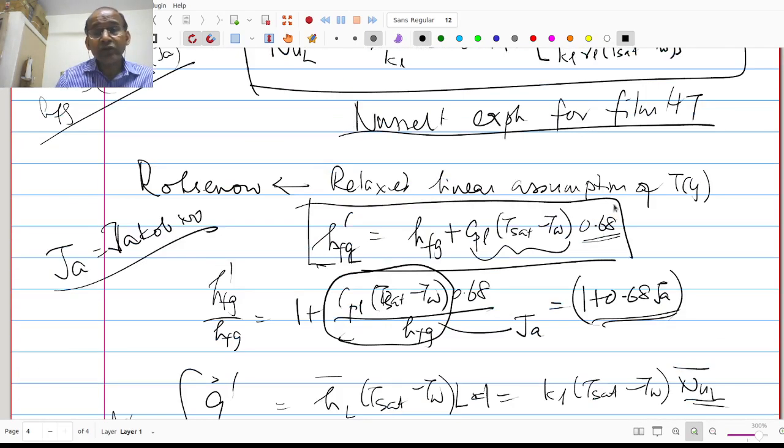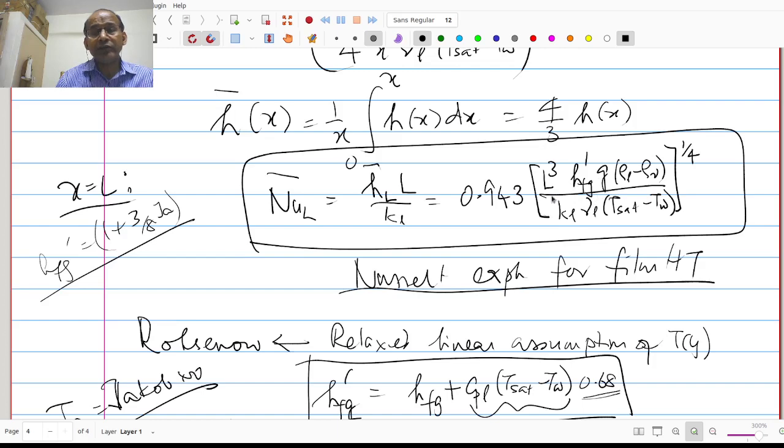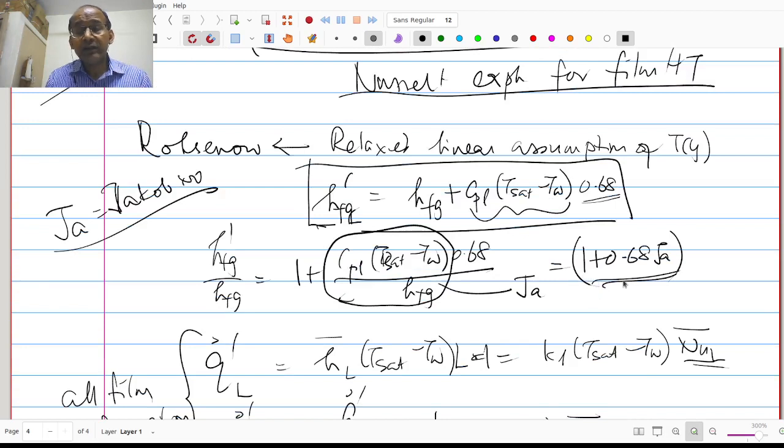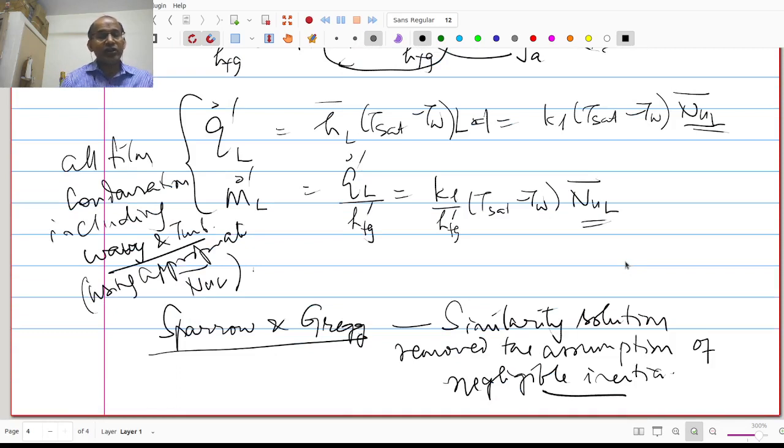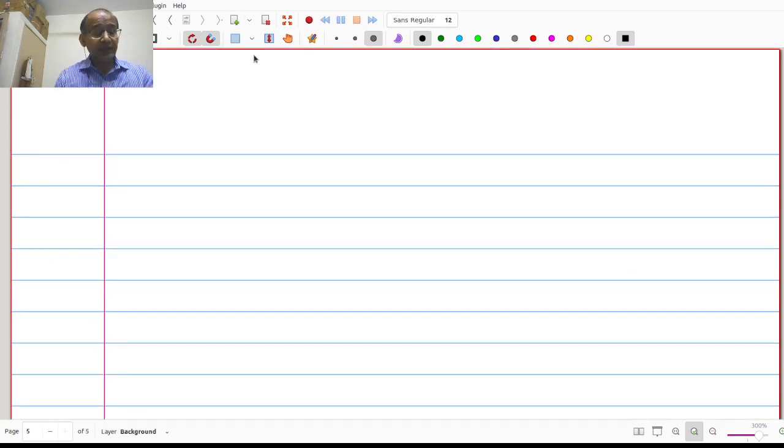The Nusselt correlation is for a linear temperature profile, and the numbers get altered a little bit when we use the cubic temperature profile, where this 3 by 8 is replaced by 0.68 here. So what Sparrow and Gregg found is that the Nusselt number NUL bar is lower than what was given by the Nusselt correlation for a certain set of cases. What are those cases?